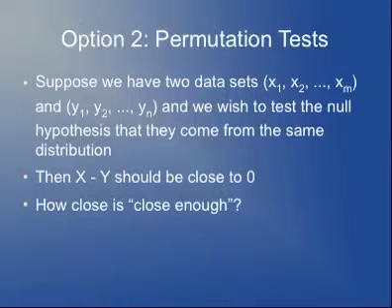And the idea is that if you have two data sets and you want to test the null hypothesis that they have the same distribution, then x bar minus y bar should be close to 0. But how do you decide how close to 0 is close enough to 0?